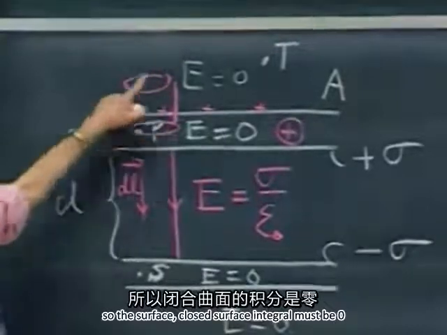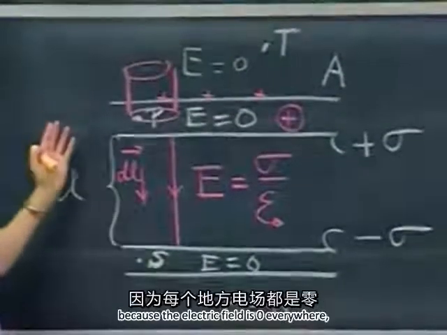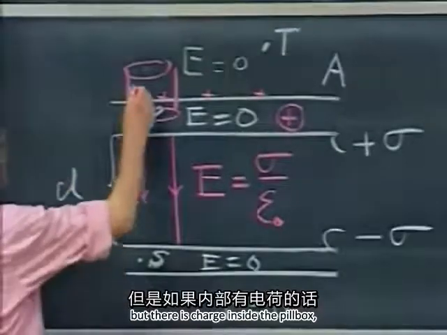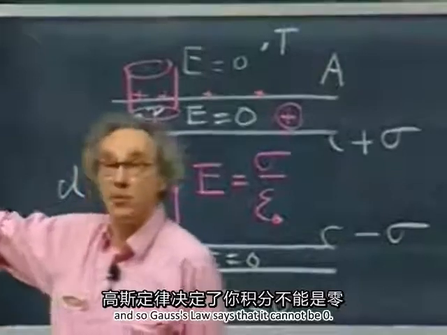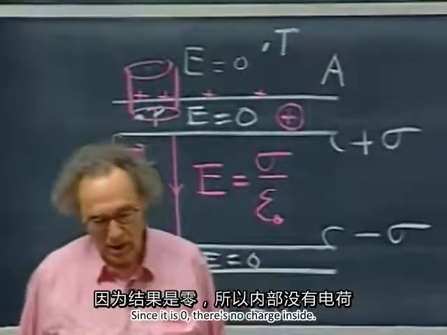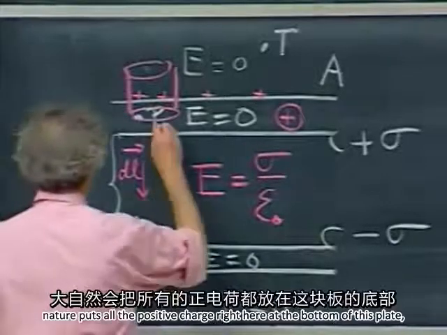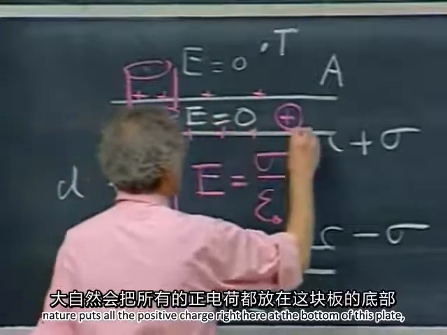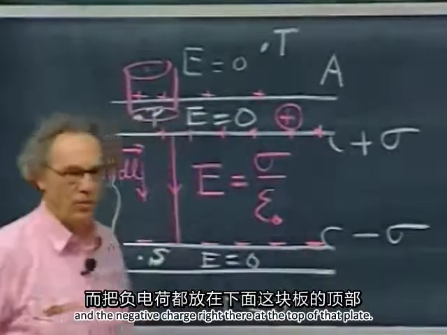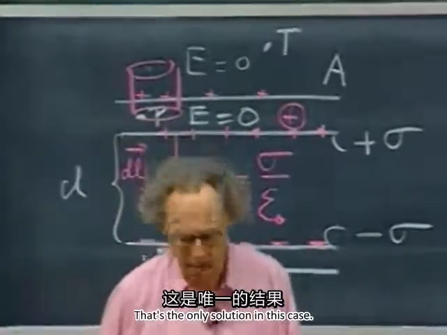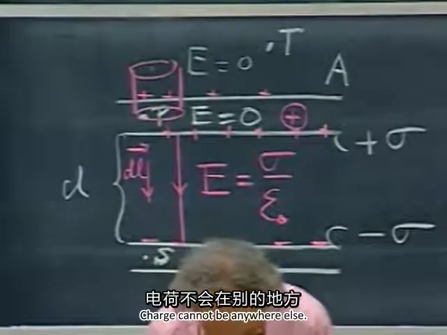So the closed surface integral must be zero because the electric field is zero everywhere, but if there were charge inside the pillbox, Gauss' law says that it cannot be zero. Since it is zero, there is no charge inside. And so there's only one solution. Nature puts all the positive charge right here at the bottom of this plate, and the negative charge right there at the top of that plate. That's the only solution in this case. Charge cannot be anywhere else.